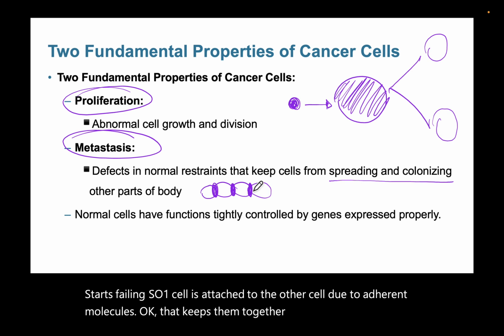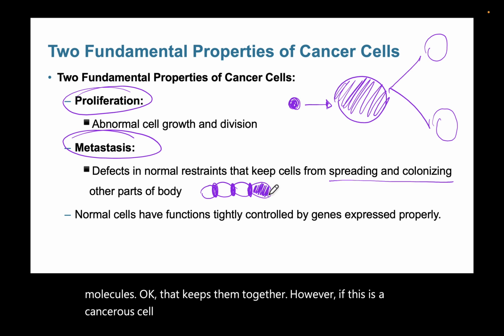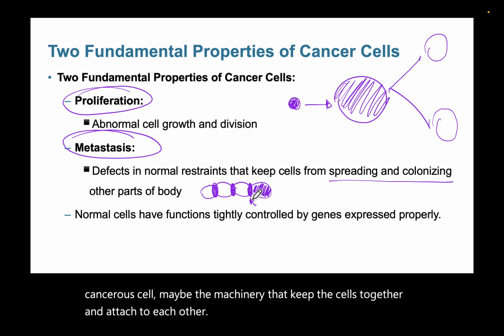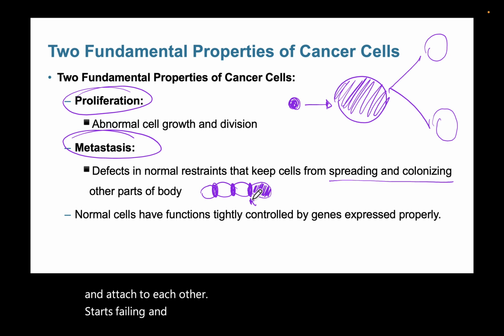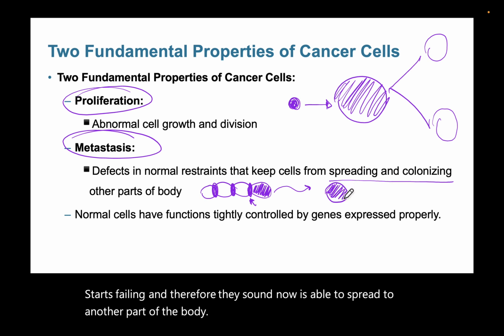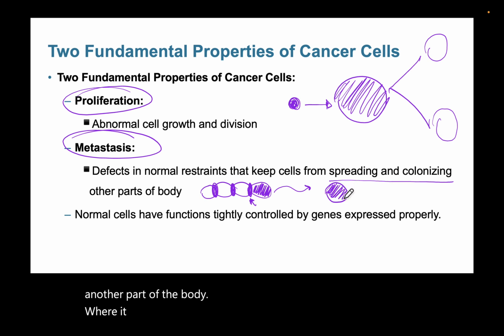However, if this is a cancerous cell, maybe the machinery that keeps the cells attached to each other starts failing, and therefore this cell now is able to spread to another part of the body where it colonizes, okay?